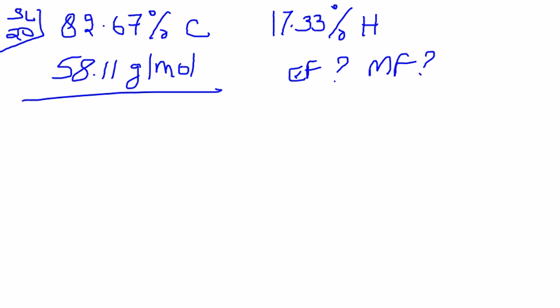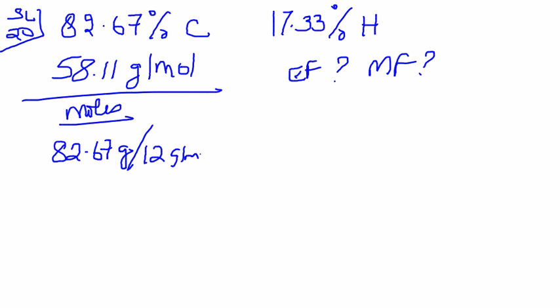The first step is to determine the number of moles of each of the elements, and the second step is to determine the simplest ratio, and that will give you the empirical formula. So in order to determine the number of moles, one could say 82.67 grams divided by 12, which is 12 grams per mole, of course, for carbon.